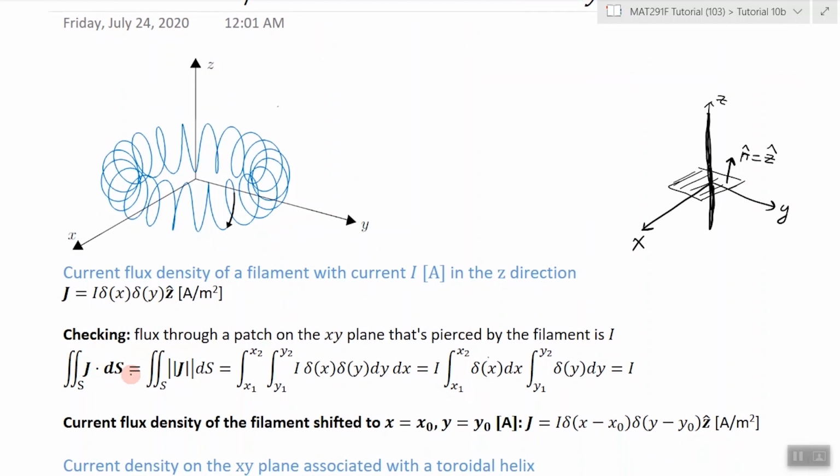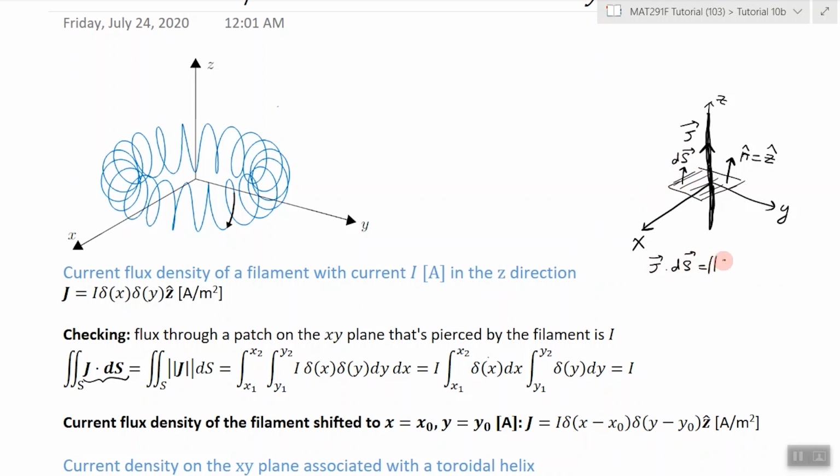Integrating this, we get the following. We have J dotted with ds. Since our J is in the z direction and ds is also in the z direction, the dot product is going to be like this.